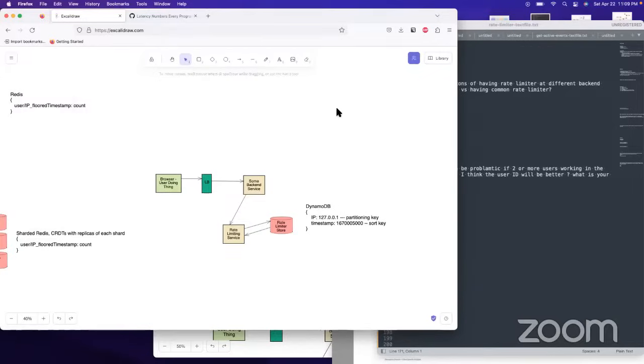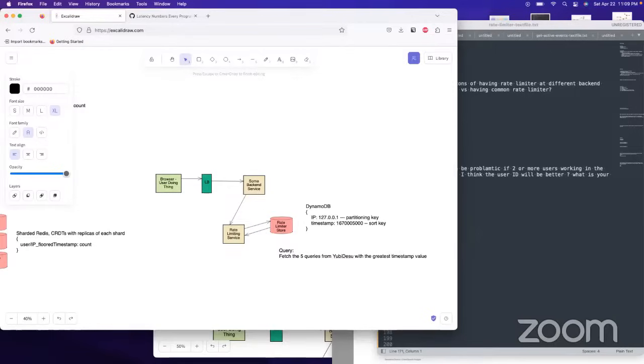So you've got DynamoDB, and we would have a query that would roughly look like this. Fetch the 5 queries from the user ID with the greatest timestamp value.